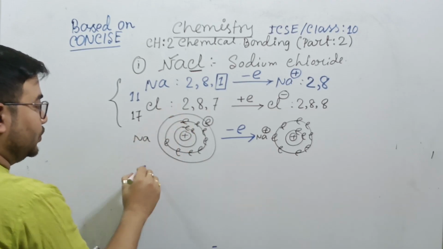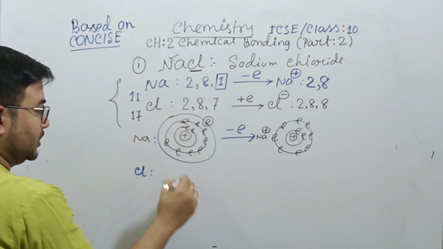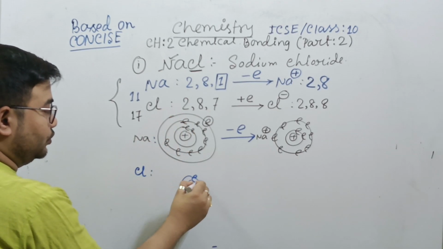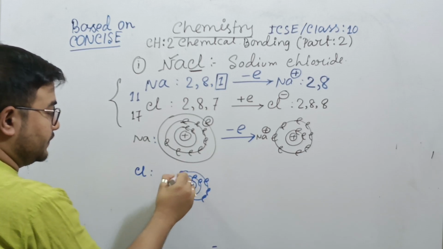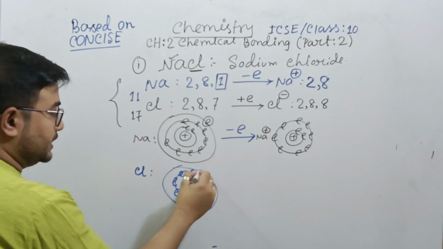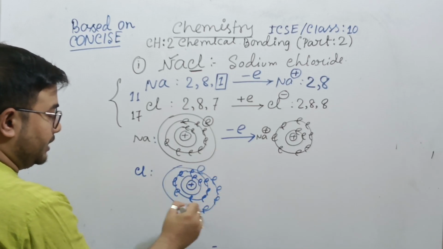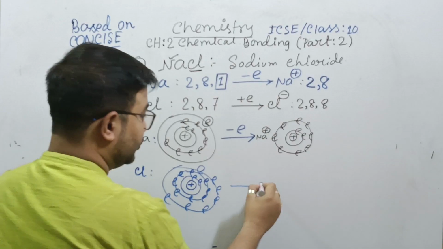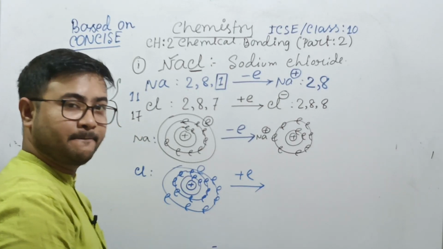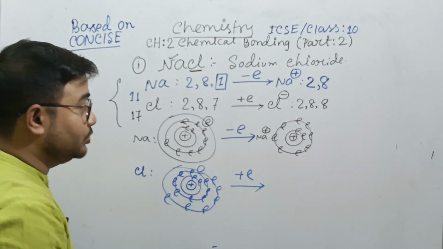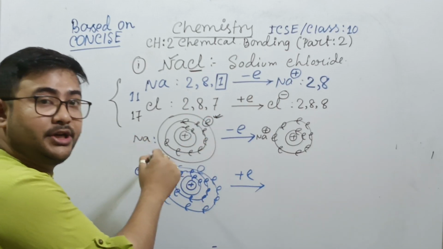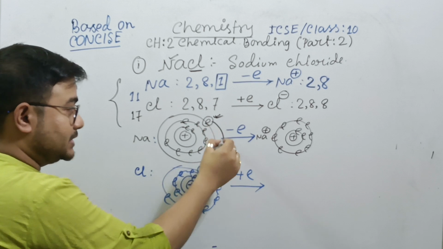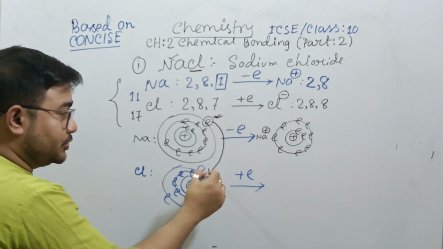Now in the case of chlorine, the first shell has 2, the second shell has 8, and the third shell has 7. So chlorine tries to accept. Look at the board. This electron is very important. This electron is lost by sodium and transferred to the last orbit of chlorine.